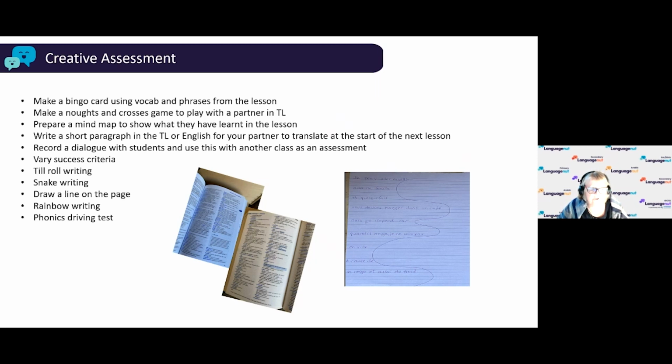The snake writing that you see on the right hand side there is, I've said to the students, draw a snake on your paper, or even draw a line on the page, which is the next one down. And I've said to them, right, for your assessment today, I want you to write like I've shown you there. So that's encouraging them to write longer sentences but shorter. It's a bit like the exam that they do, where they get peaks and troughs.